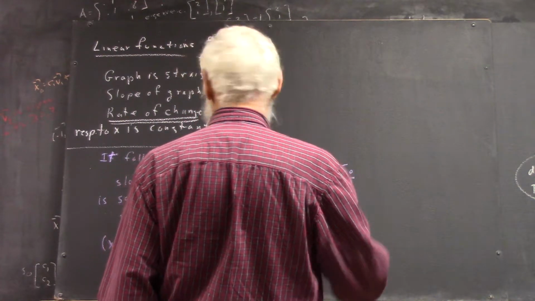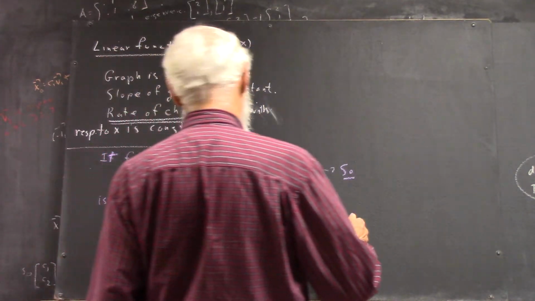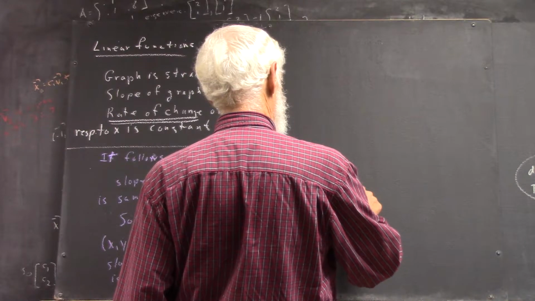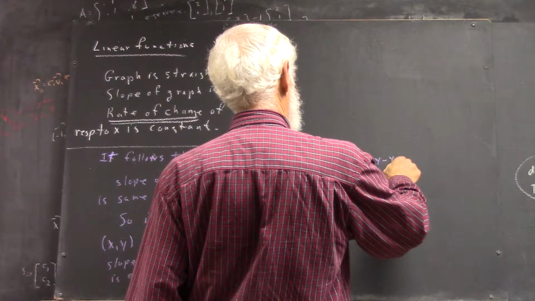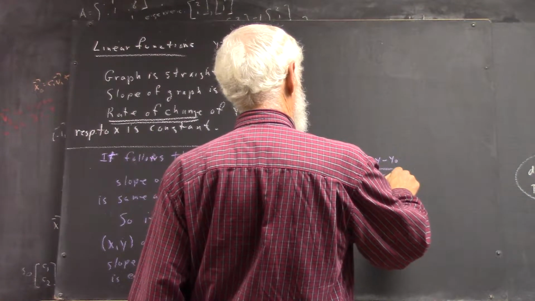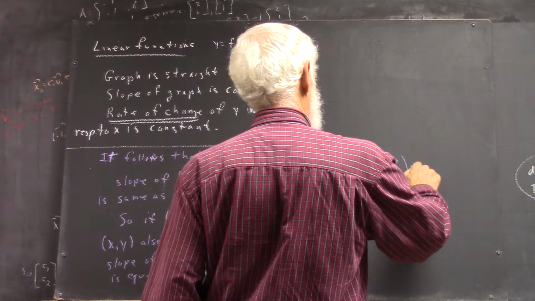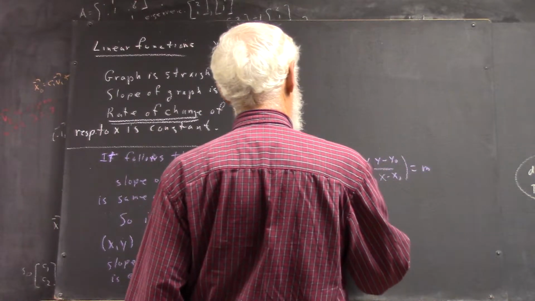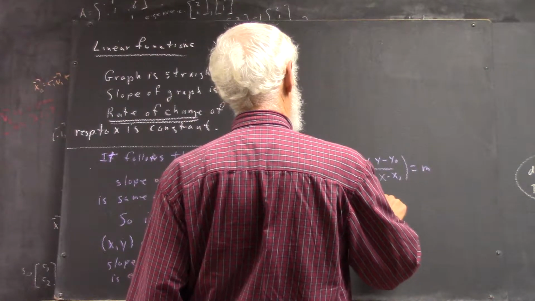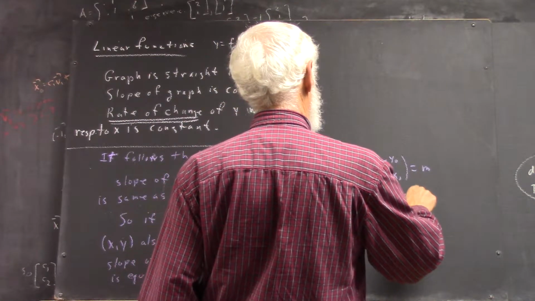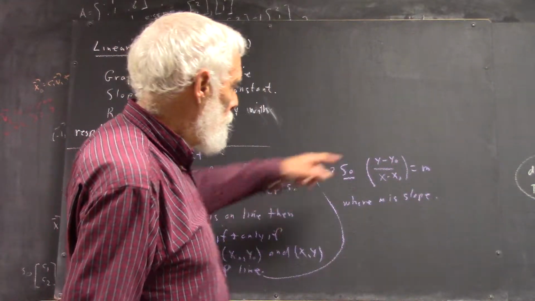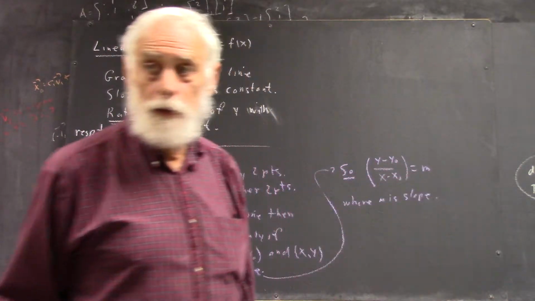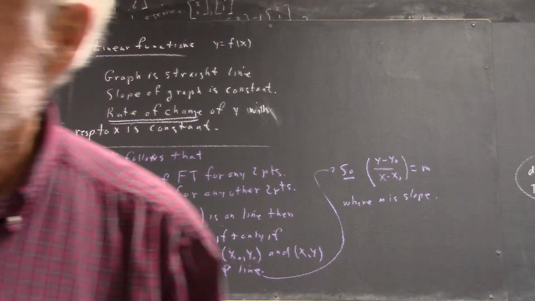So, y minus y naught over x minus x naught equals m, where m is the slope.